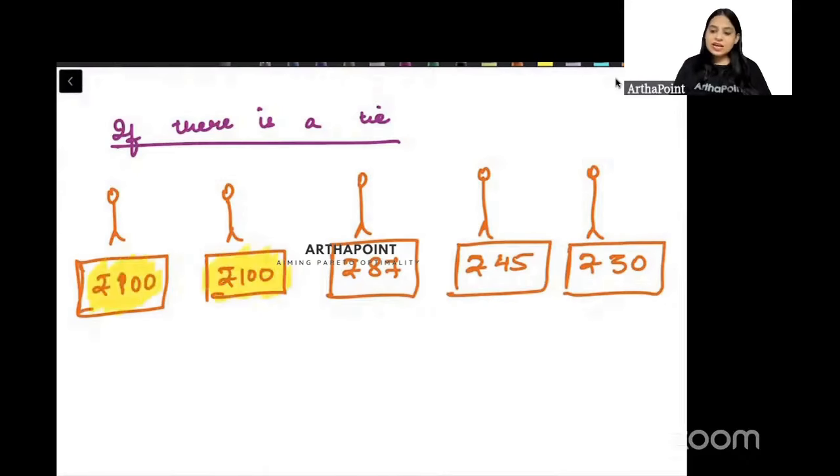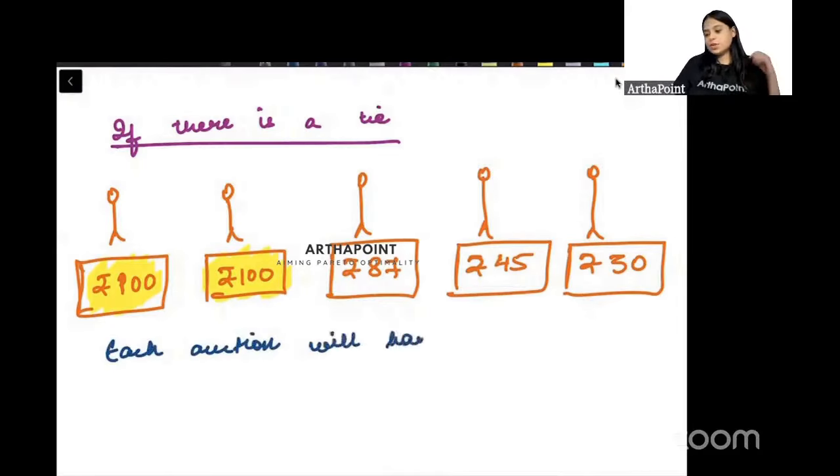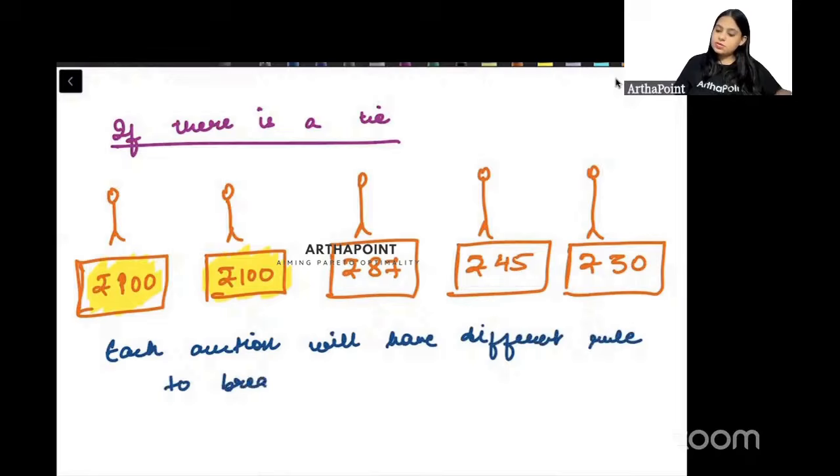Whenever there is a tie, each auction will have a different rule to break the tie.